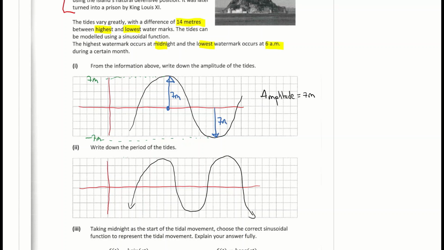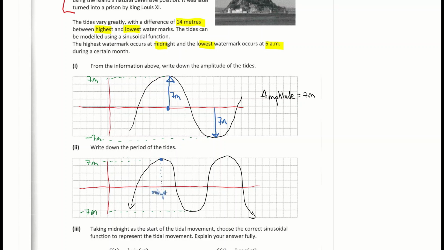And what do we know? So we know that at its highest is at 7 meters, at its lowest minus 7 meters below the mean. And another piece of information that we know is that it is at its highest at midnight. So I'm going to call this time midnight.